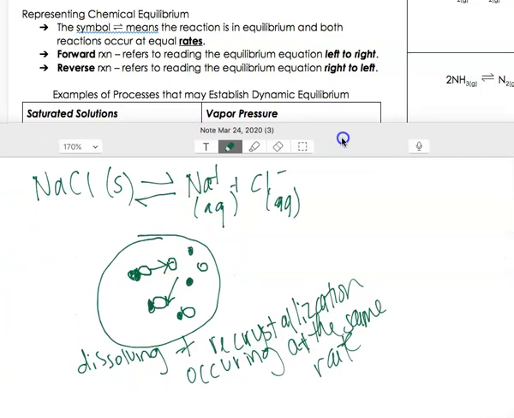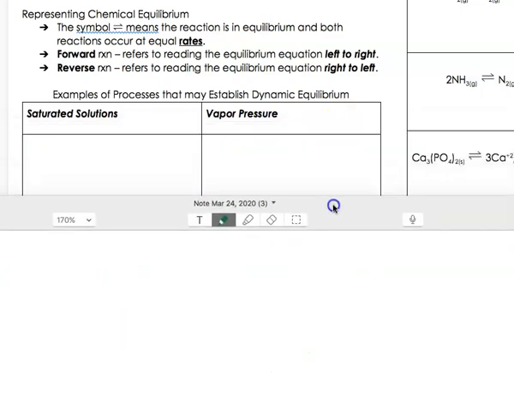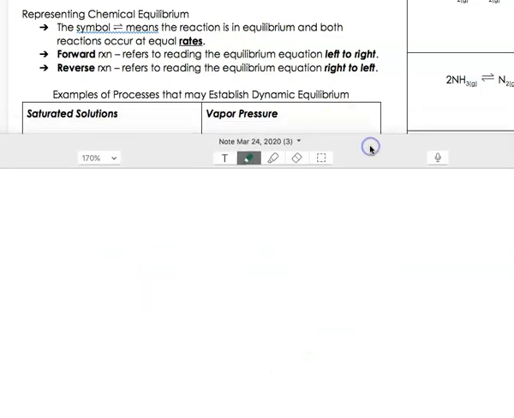Second example, vapor pressure. If you guys remember what vapor pressure is, let's say we have liquid. So let's say we have water, right? Then some of the water will evaporate. We call this evaporation.